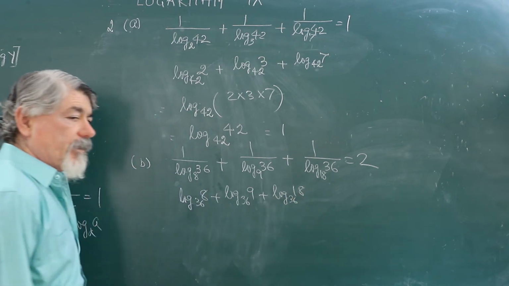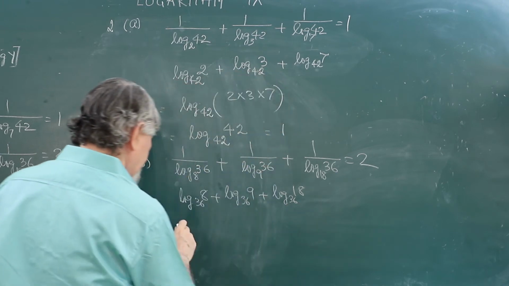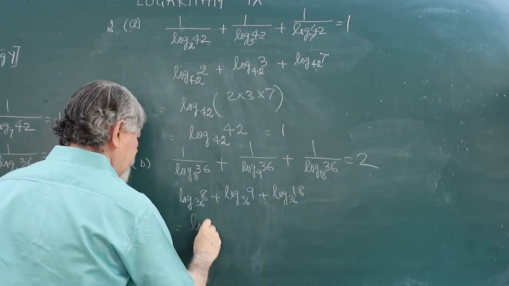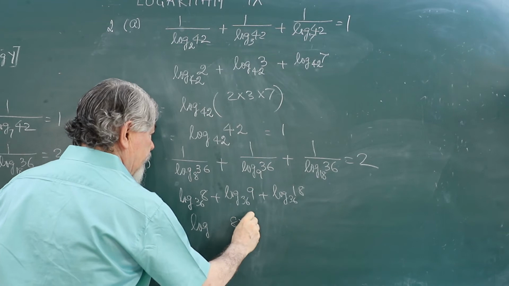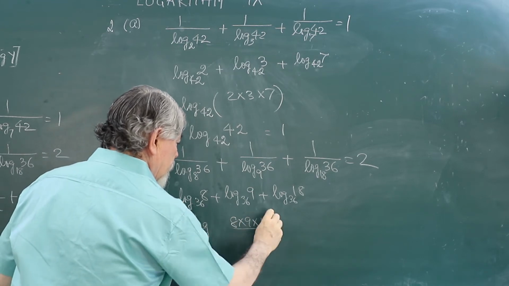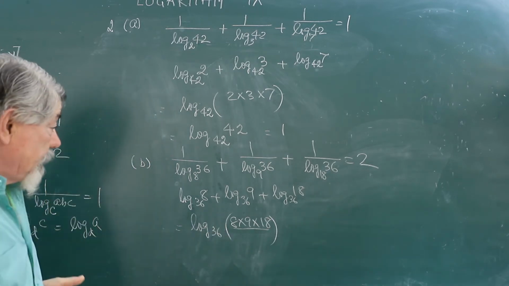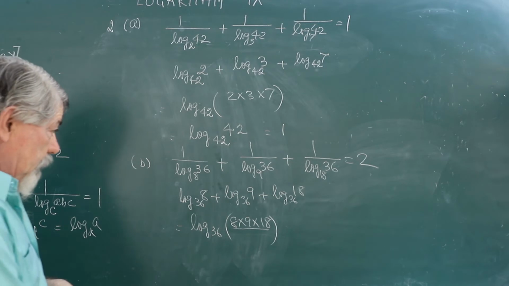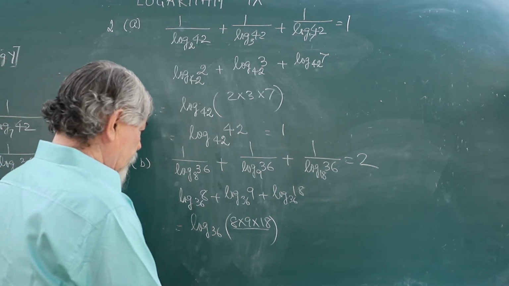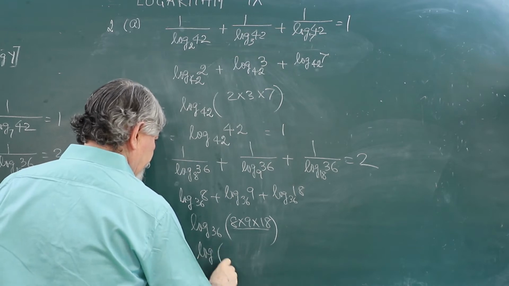Since your bases have become the same, log a plus log b plus log c can be written as log of a into b into c, to the base 36. How much is it?